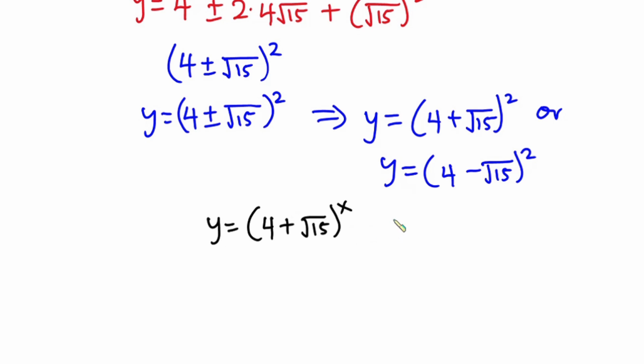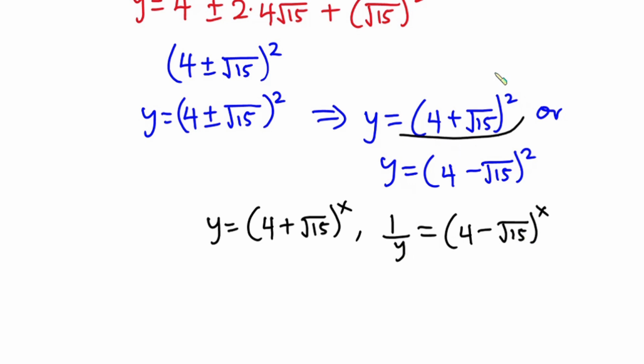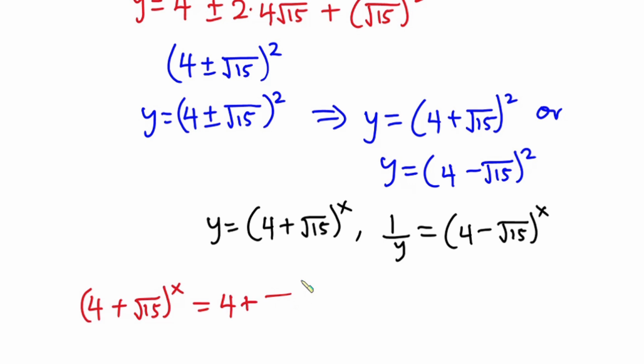Okay? Then 1 on y should be equal to 4 minus square root of 15 all to the power x. Okay, so when y is equal to this first one, we have 4 plus square root of 15 all to the power x is equal to 4 plus square root of 15 all to the power 2.